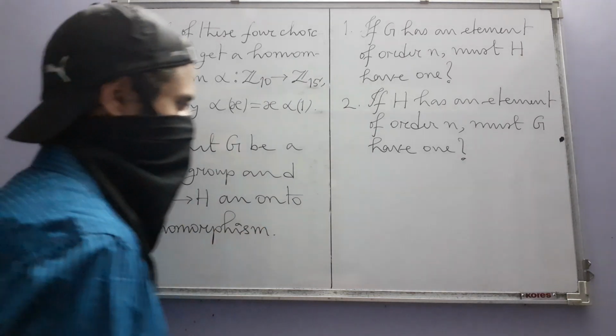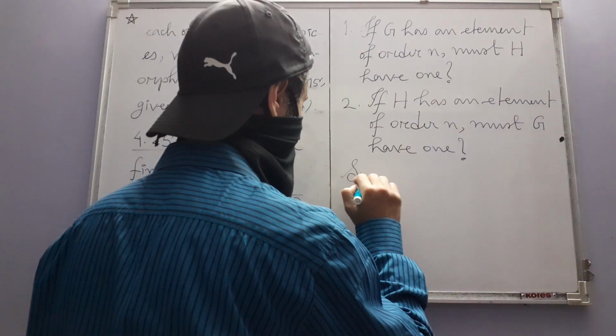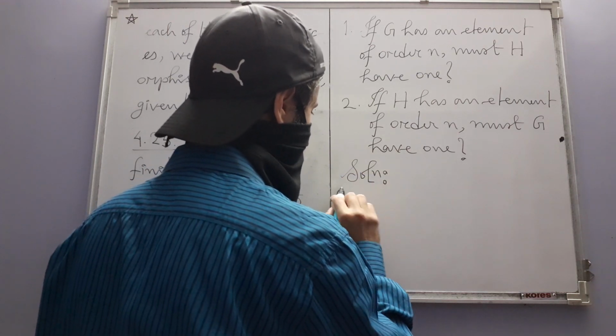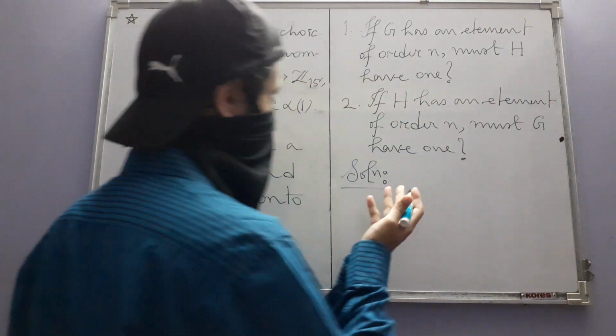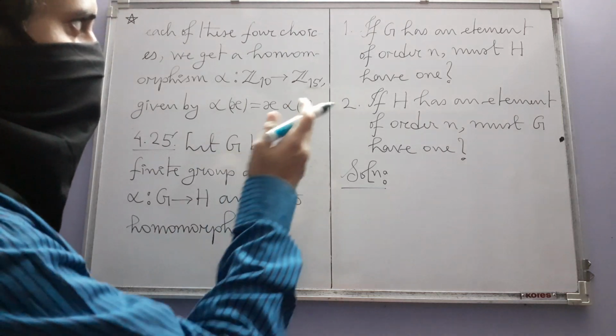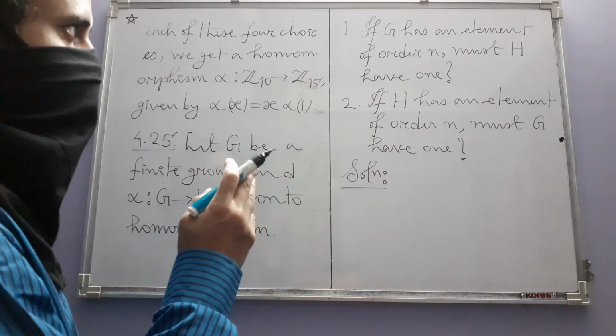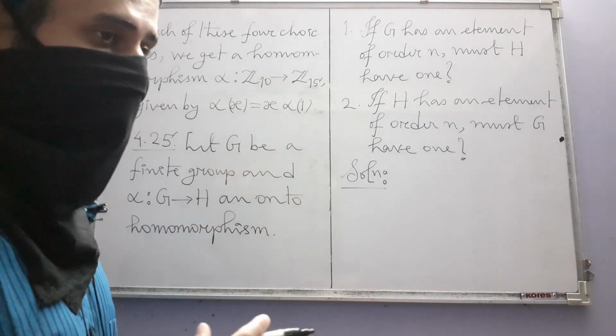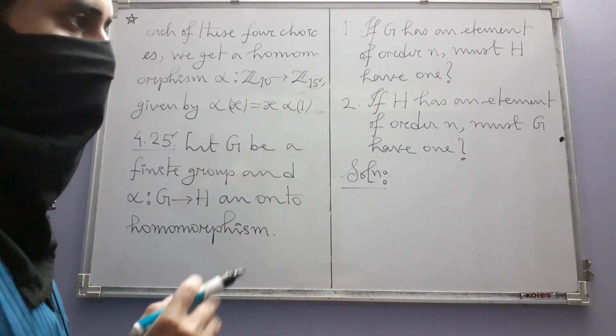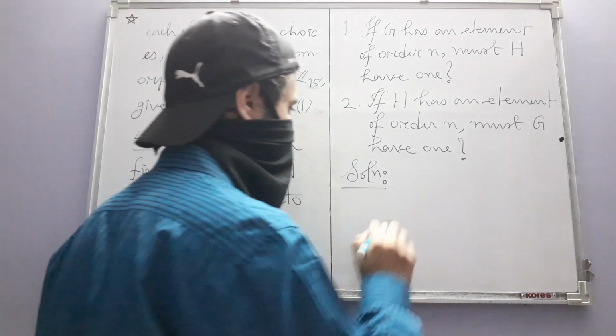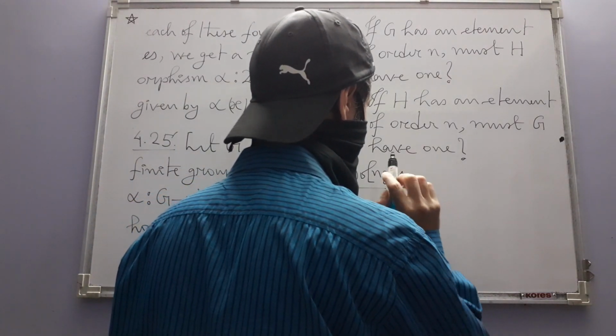Then we have to answer these things. The first one is not necessary. So in the first one we are asked that if G has an element of order n, where n can be anything, is it necessary that H also should have an element of order n? And that's not necessary because of this.